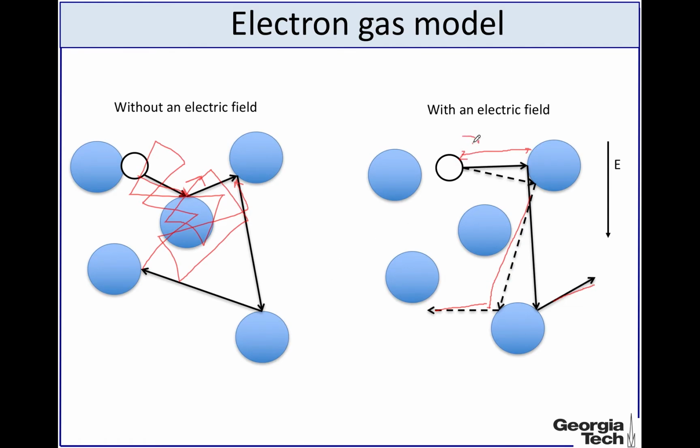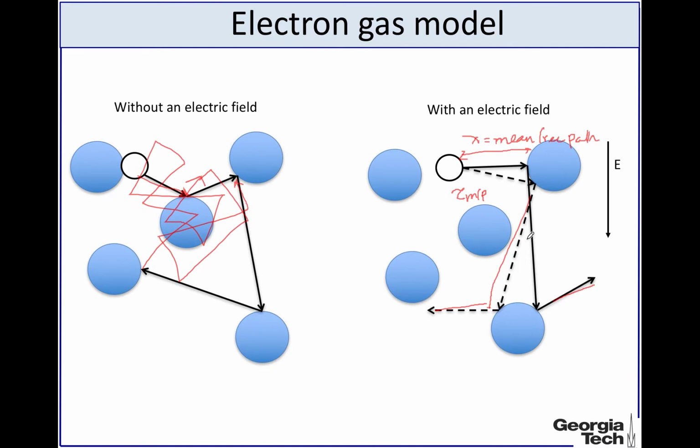So lambda, the mean value of this distance, is called the mean free path, and the time it takes to travel between two collisions, you can call it tau, the mean free time. That is the average time between two successive collisions for a charge carrier.